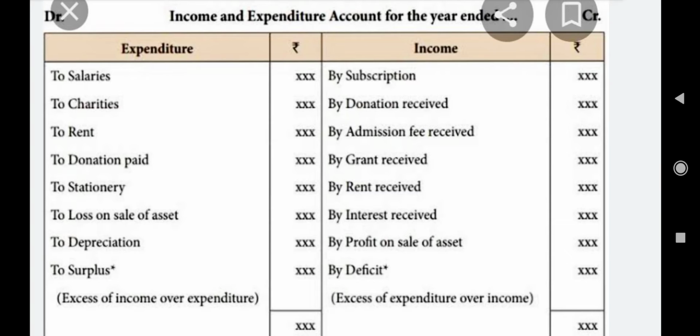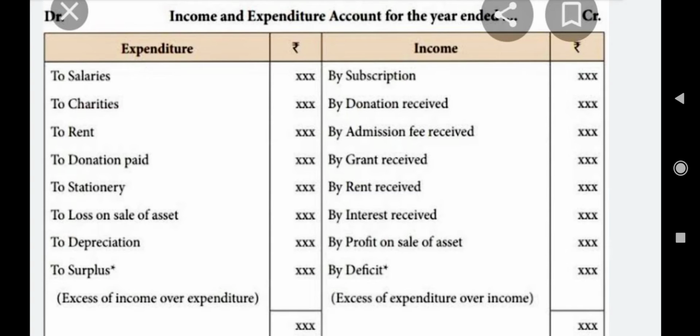These are major expenditures. And then subscription, donation received, admission fee received, grant received, rent received, interest received, and profit on sale of asset will be on the income side.